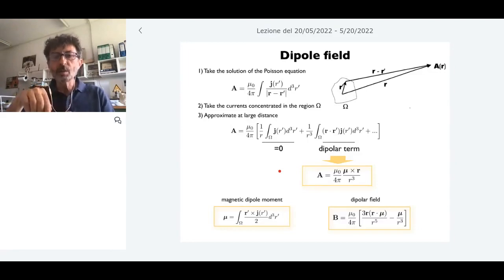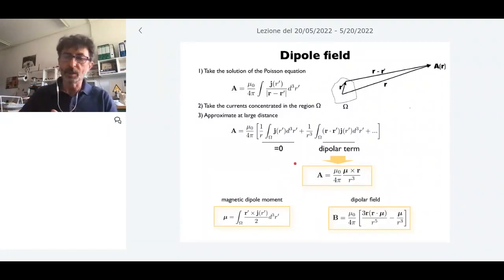Well, first we take the solution for the vector potential, the general solution. But then we make the hypothesis that the electric current density is concentrated in a region that we call omega. So R prime is the position of this current density. This current density is only concentrated inside the region omega. We don't look at the potential inside the region itself, but we go very far from it.